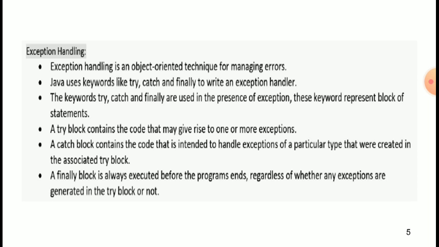A try block contains the code that may give rise to one or more exceptions. A catch block contains the code that is intended to handle exceptions of a particular type that were created in the associated try block.